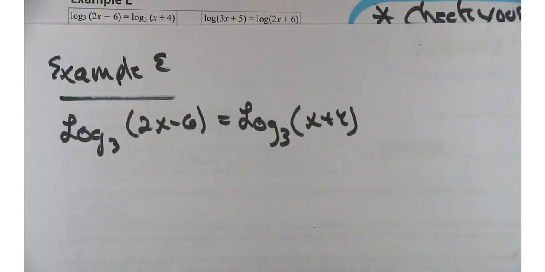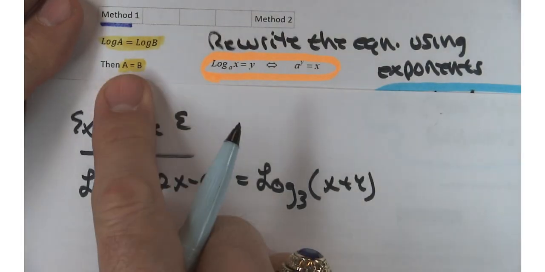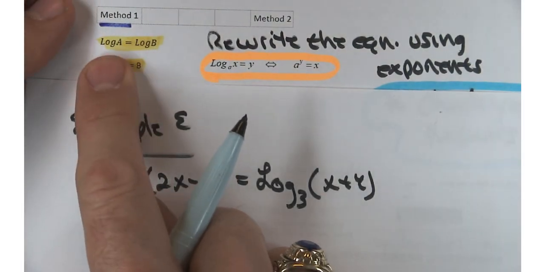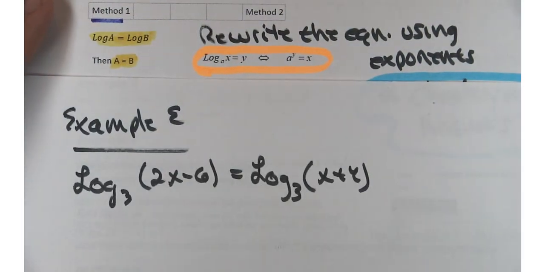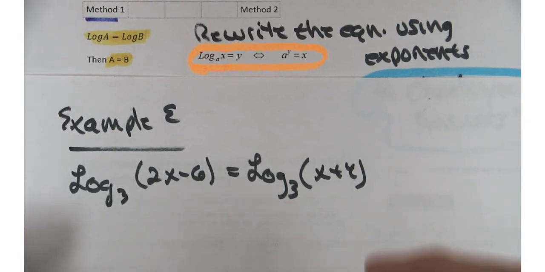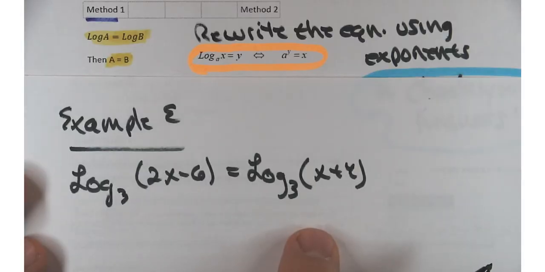Okay, looks okay. Now this is tailor-made for this first method. You've got the log of something equals the log of something else. Now there's a magic step that I'm going to kind of skip here. And maybe after a little bit I'll come back and fill it in.